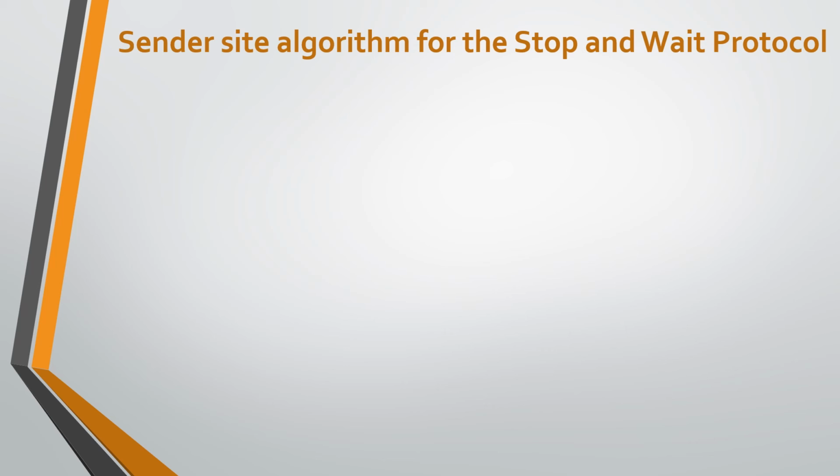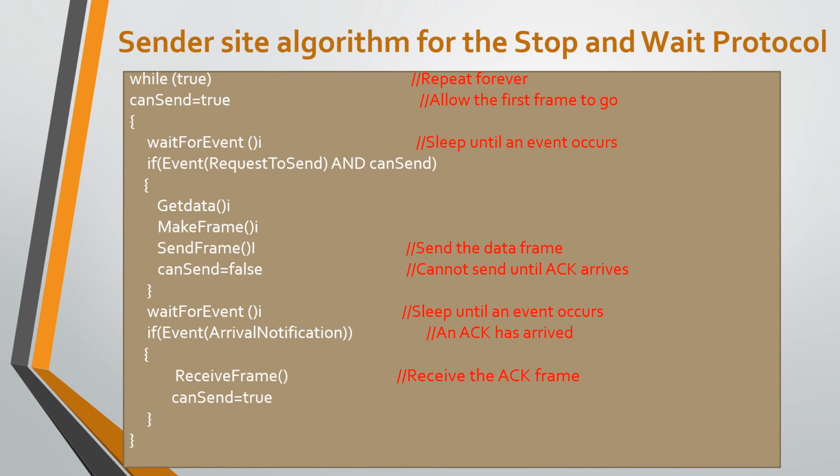This is the algorithm for the sender side. Here two events can occur. The first is an event from the network layer, in which data will be sent, and the second is an event from the physical layer, which is about the arrival of an acknowledgement from the receiver.